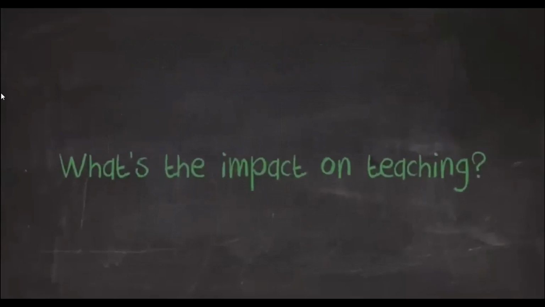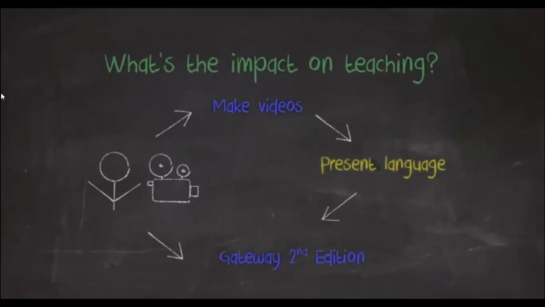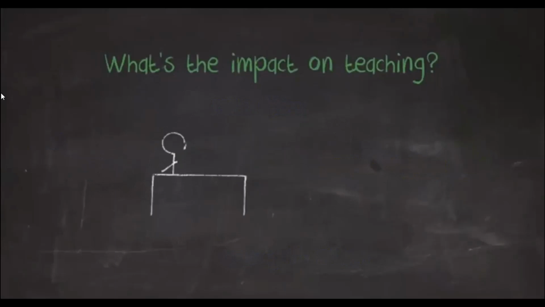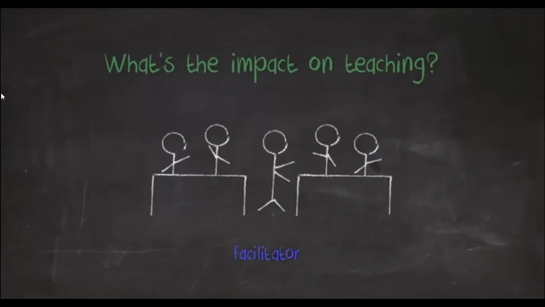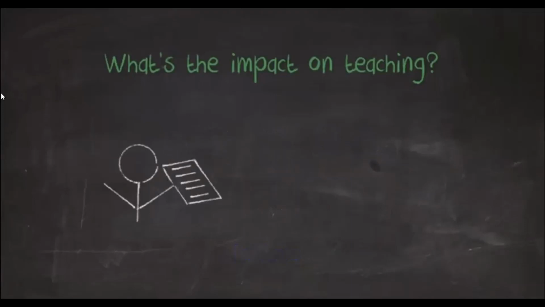What's the impact on teaching? The teacher has to make videos that present language or find them ready-made, such as those offered by the Gateway's second edition. In class, the teacher becomes more of a facilitator, helping students to practice using the language rather than giving information. The teacher has the opportunity to spend more time assessing student progress, which helps inform future lessons and learning.